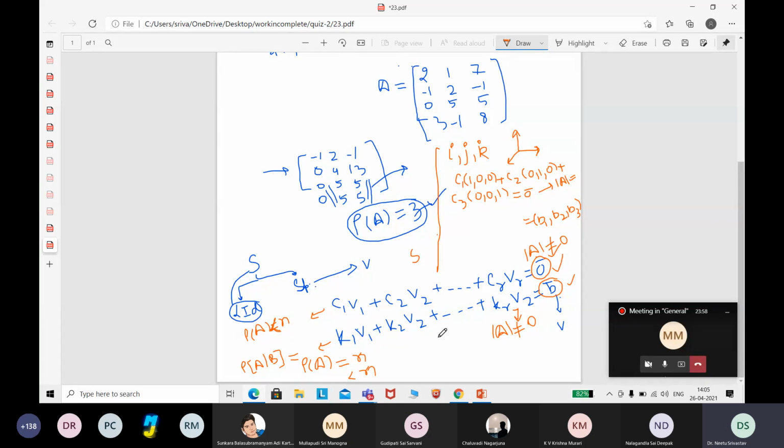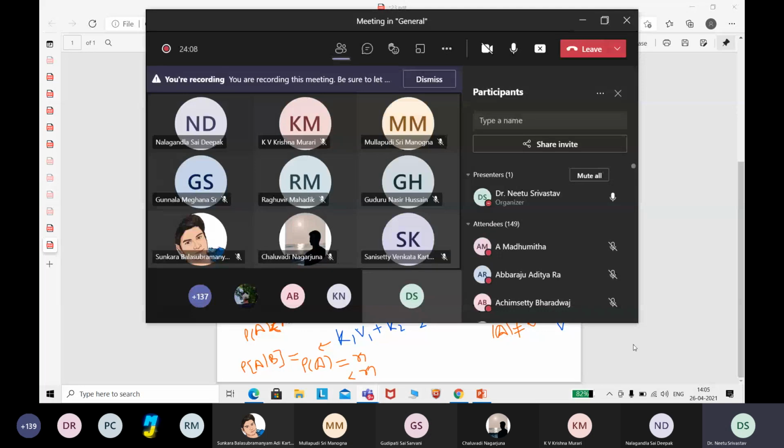If determinant is equal to 0, then the possibility of no solution will appear, because you don't know B1, B2, B3. Then we will say that only if this relation in the B's is equal to 0, then only this system will span, otherwise not. That condition will appear.